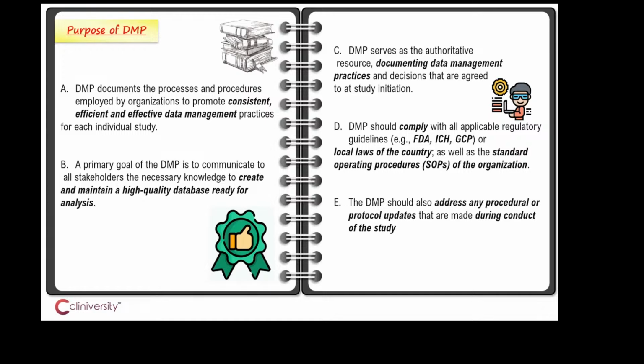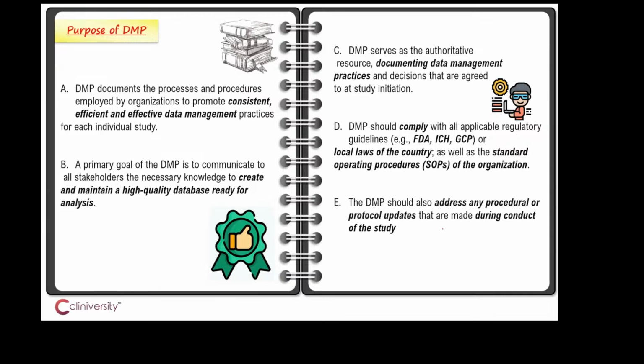Now, there could be various reasons why the DMP may be updated during the conduct phase of the study. And these reasons could be because of certain critical changes that are made into the way the study is going to be performed.